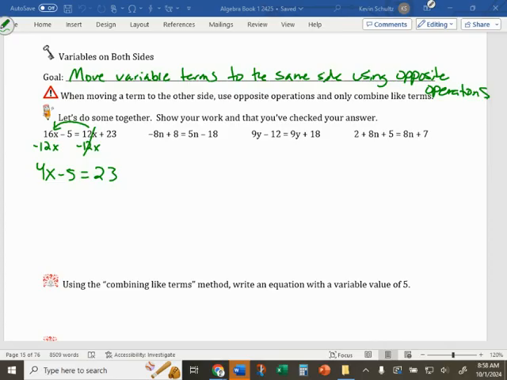Okay? Another way to look at this that some people really glob onto, and others are like, I don't get it, which is totally fine. If you look at your number of x's on the left and your number of x's on the right, how many more x's are on the left to start with? 4. It's not a coincidence that we have a 4 here, right? Those of you that play sports, basketball is probably the easiest to relate to here.